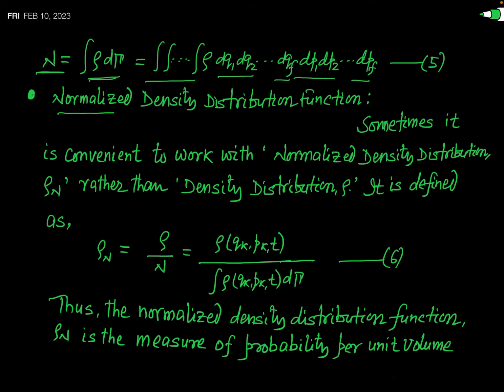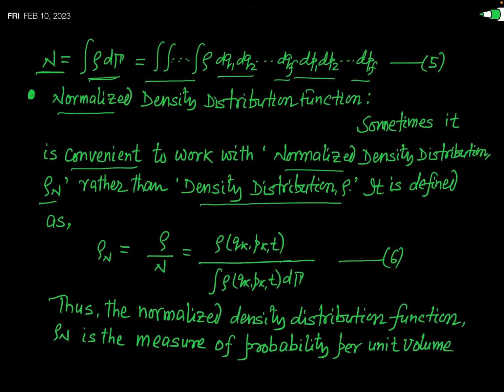In fact, in several physical situations the use of this normalized distribution function is more convenient than the use of the density distribution function. So I have mentioned it here, that sometimes it is convenient to work with the normalized distribution function rho n rather than the density distribution function rho.